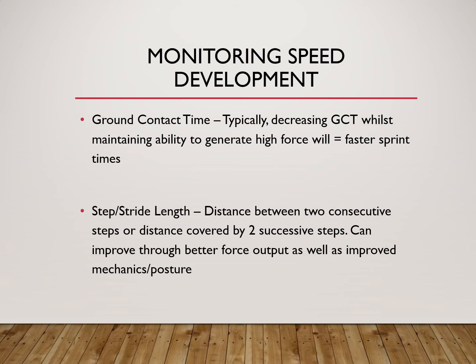If we're seeing a particularly shorter stride length in one leg compared to the other, then we know there's either an issue with force output, or some issue with mobility, or even possibly stability on the other leg. By measuring these, which aren't too difficult to measure, simply with a camera and some markings on the track, it's a simple way of monitoring the speed development process and trying to highlight where the development is positive, or where we may be seeing inefficiencies within the movement pattern.